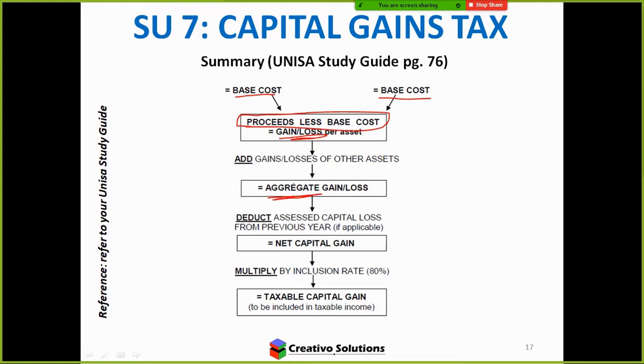Once you've aggregated them, you will either deduct any assessed capital losses from last year, or you'll multiply it by the inclusion rate to get the taxable capital gain. Where does the taxable capital gain go? Goes to the taxable income calculation. Do you agree? Yes. That's exactly what you're doing here.